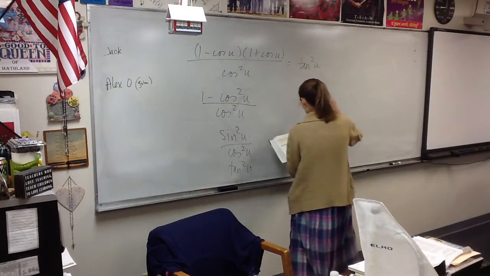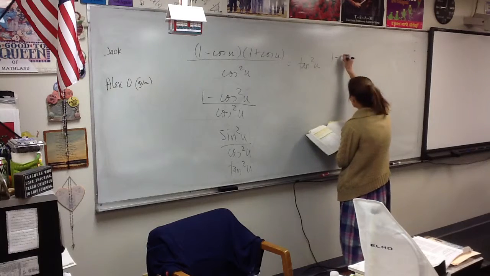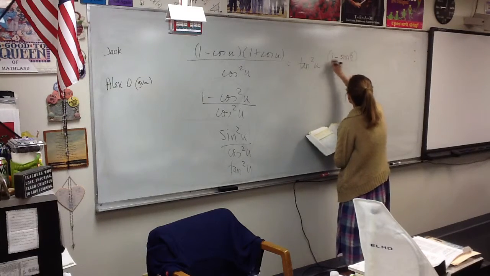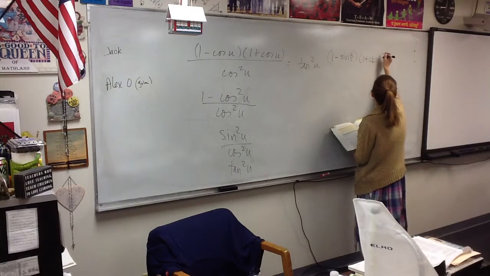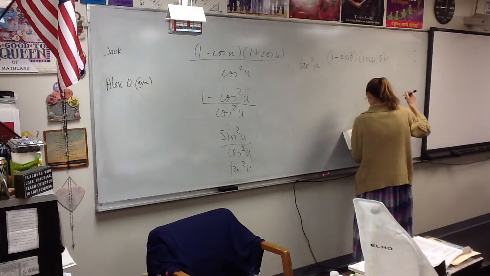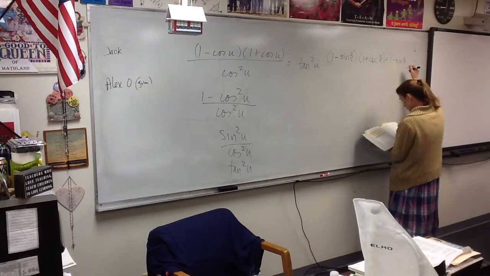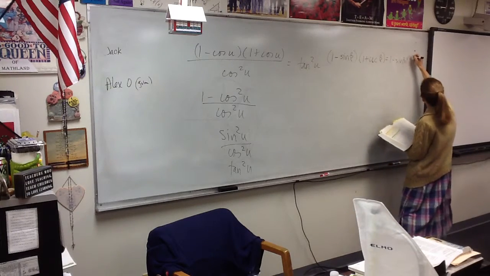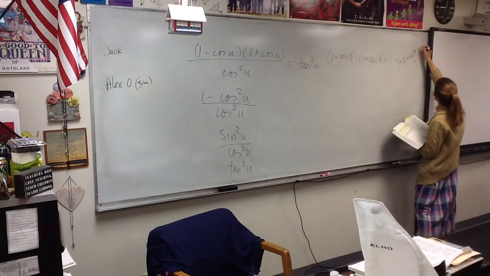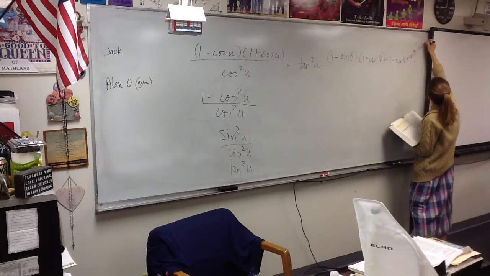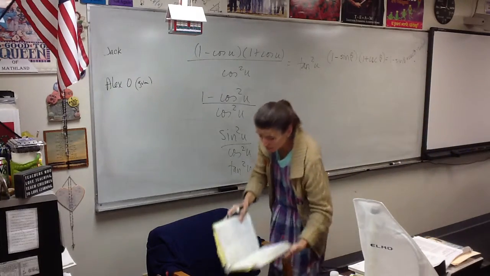19. Okay, did anybody get 19? Have to multiply it out. Well, let's give it a shot and see. I ran out of room there, but I'm with you, John.